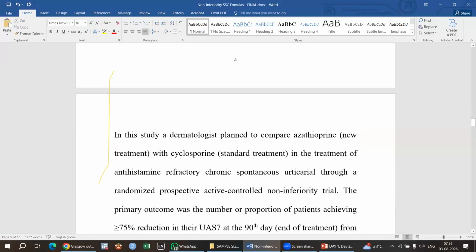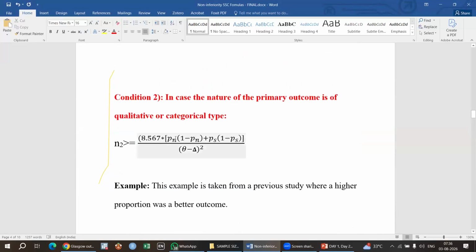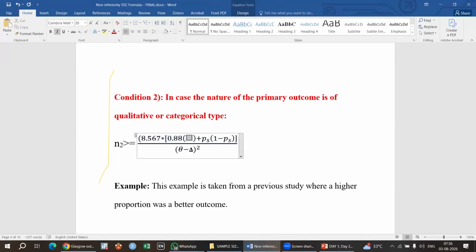So here, this is our formula. Please tell me PN. What do I have to write down for PN? Yes, 0.88. So 1 minus PN, 0.12. PS, please tell me PS. 0.9. 1 minus PS is 0.1. What is theta?